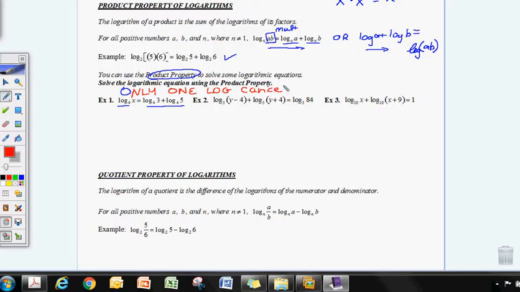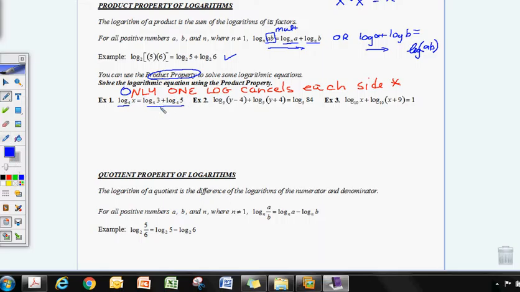So that is something that you need to remember, that you can only cancel 1 log on each side. Muy importante.